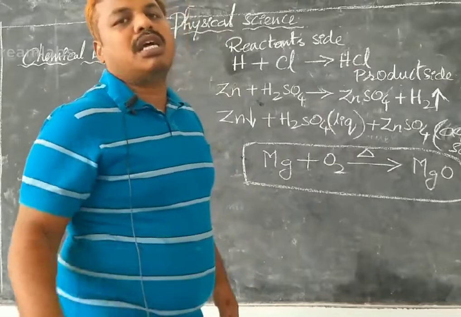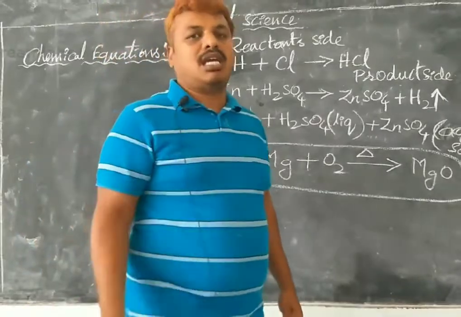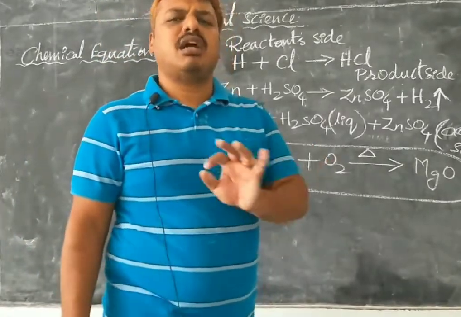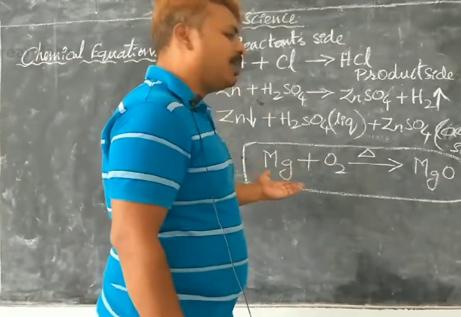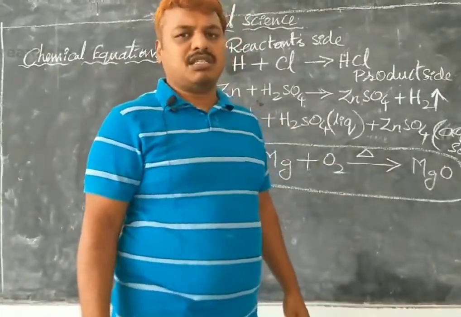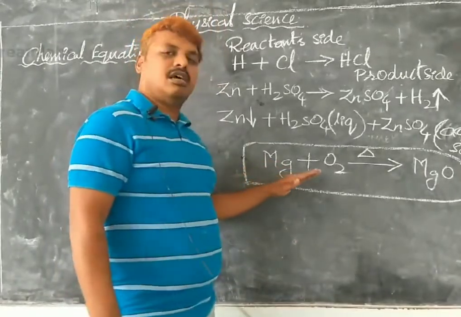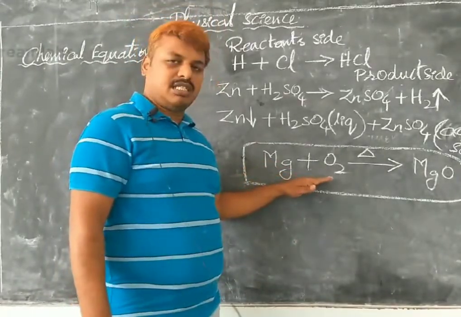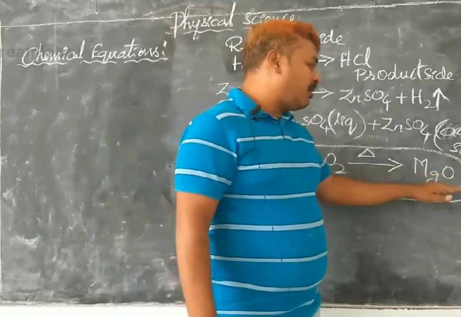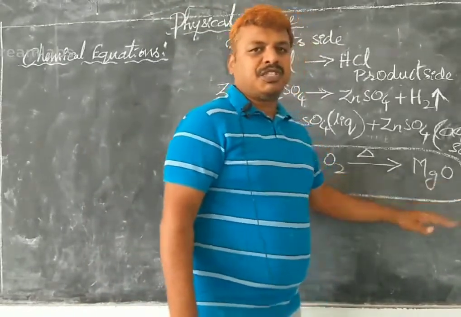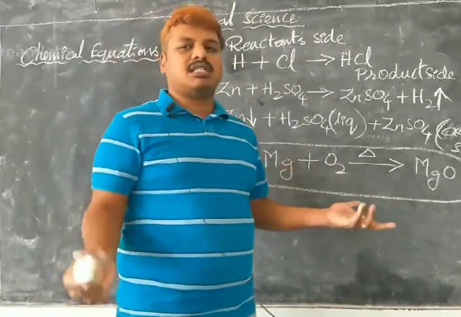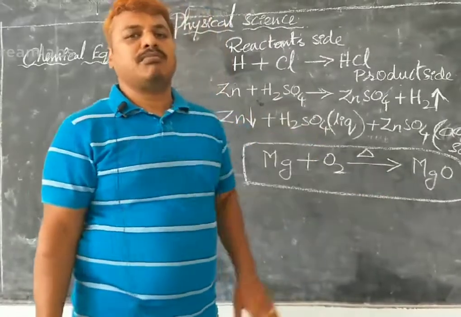So now we are going to balance equations, a very simple and easy way of balancing chemical equations. All you need to see is how many atoms are there on the reactant side and how many atoms are there on the product side. If they are the same on both sides, the equation is balanced, there is no problem.